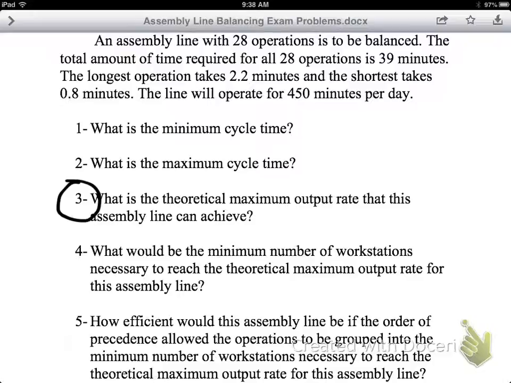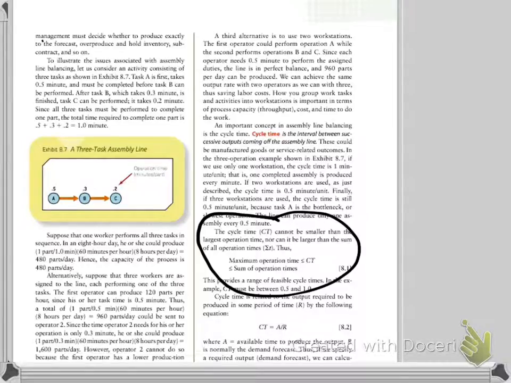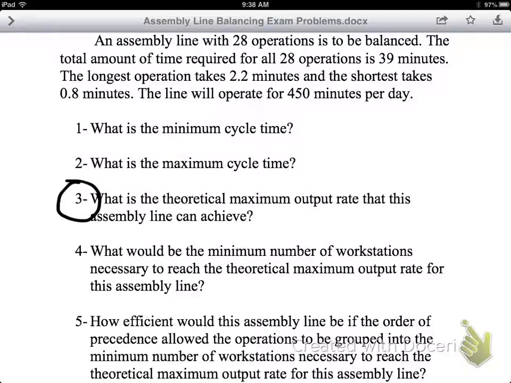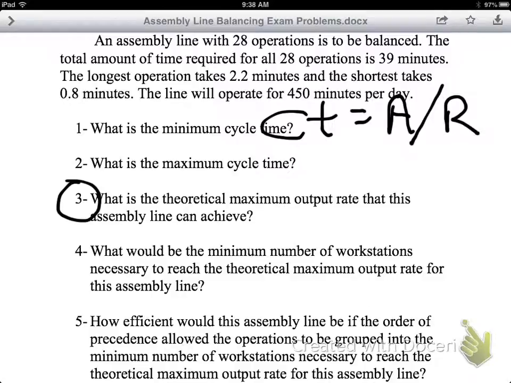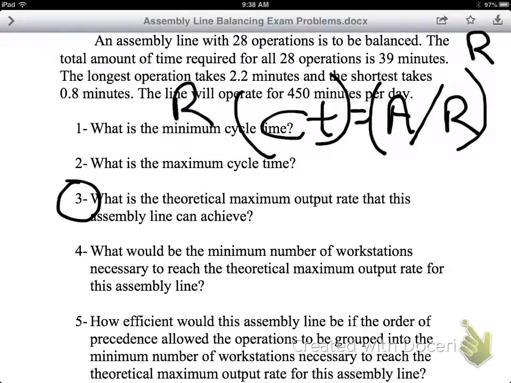We didn't really see that output formula in the text, but if we go back to page 154 and look at cycle time, it is the available amount of time, A, divided by output, R. Solving this equation for R, we multiply both sides by R, cancel the R's on the left, and isolate R by dividing both sides by cycle time.